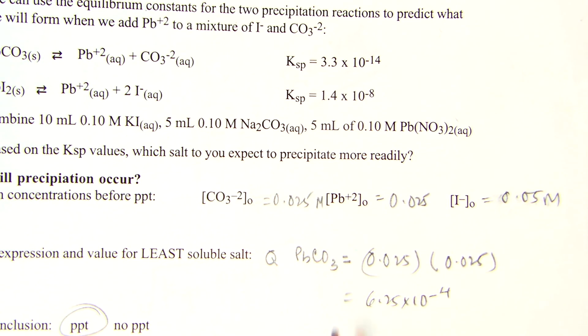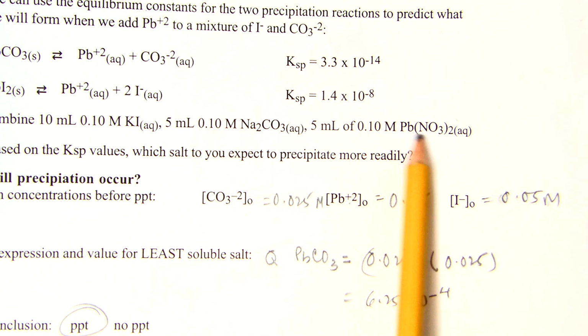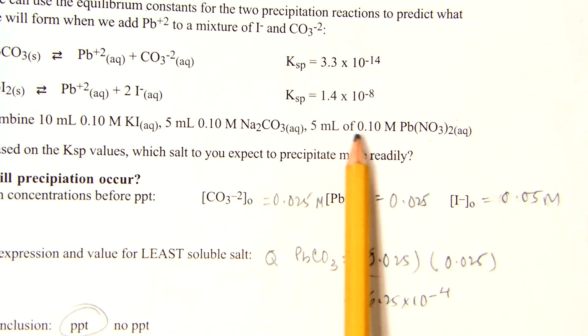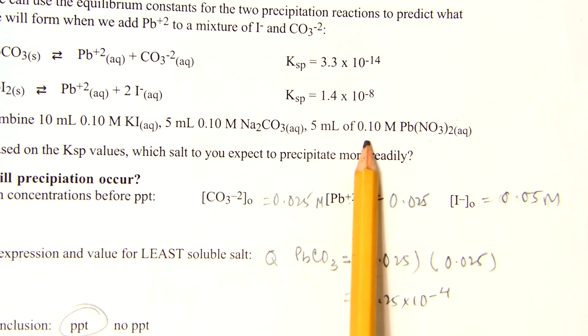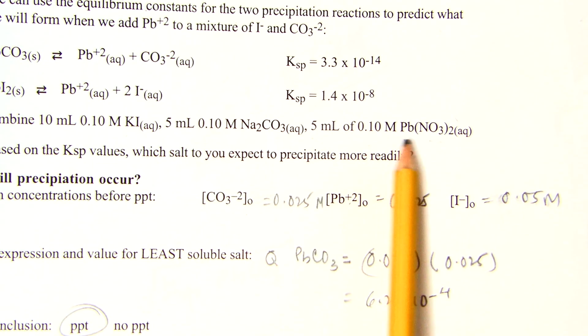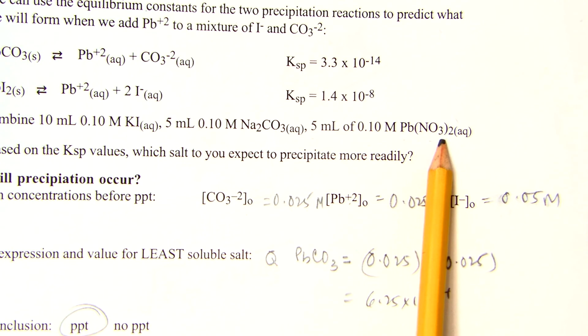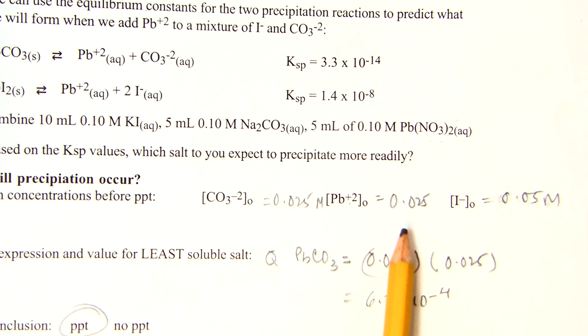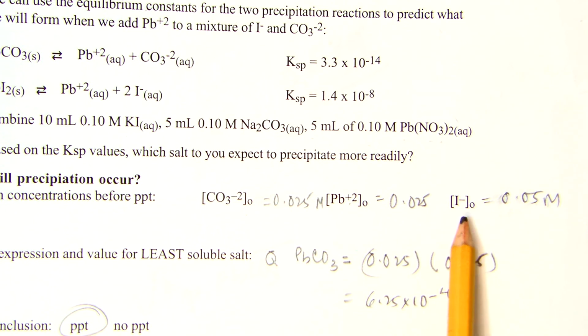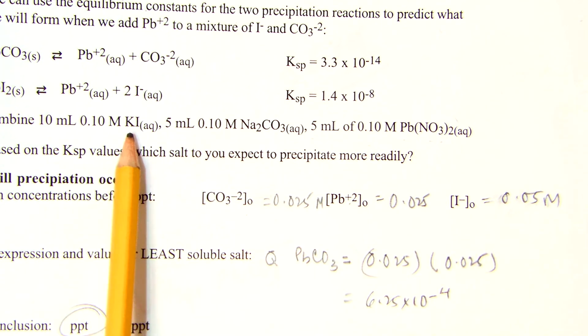Similarly, to get molarity of lead ion, we get moles of lead nitrate by multiplying volume and molarity and divide by again 20 mL. That will be molarity of lead nitrate, which will be the same as molarity of lead ion. And using a similar process, we get molarity of iodide by multiplying volume with molarity of KI and dividing by total volume.